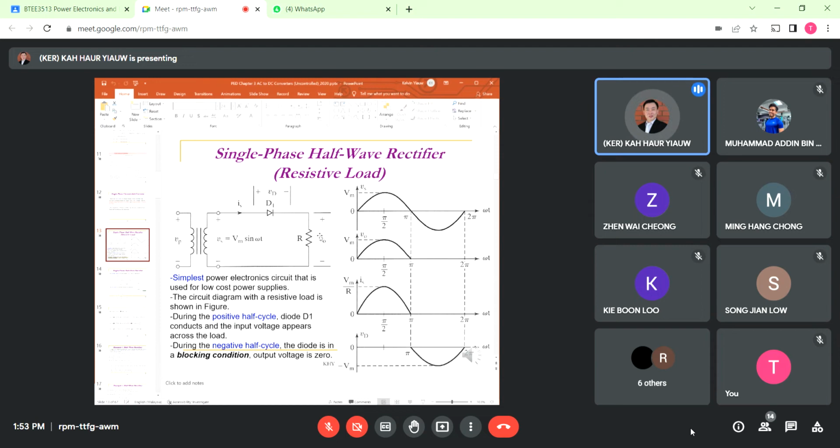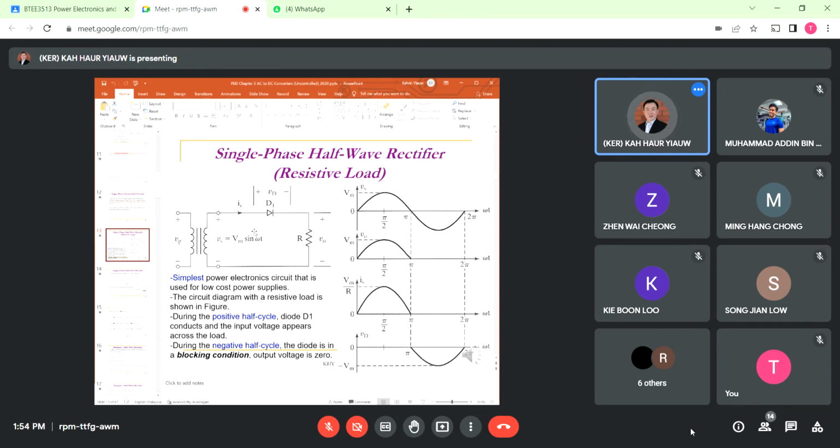When you are measuring at the output, for the first half cycle you also measure a similar wave shape. This wave shape depends very much on the resistor. If you have a high resistor value, this could be quite equal to your Vs. If it is a low value, then this could be slightly lower.